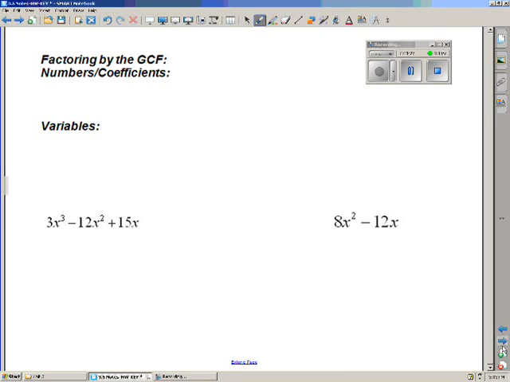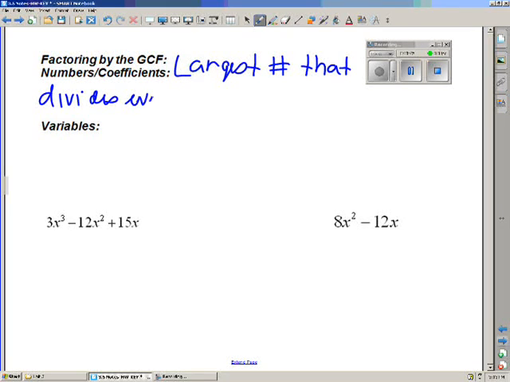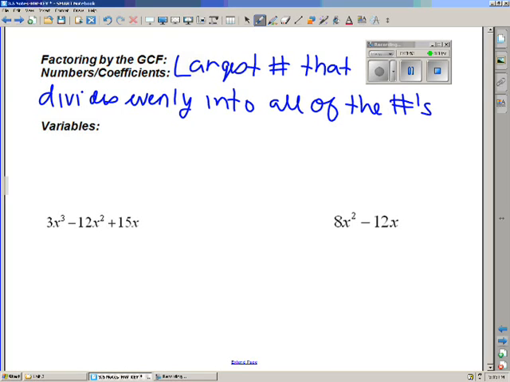When we start talking about GCFs, in terms of numbers or coefficients, if you're looking for a GCF, what you're really looking for is the largest number that divides evenly into all of the numbers. Okay?